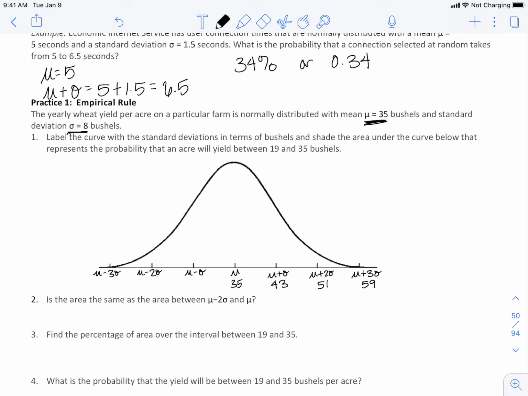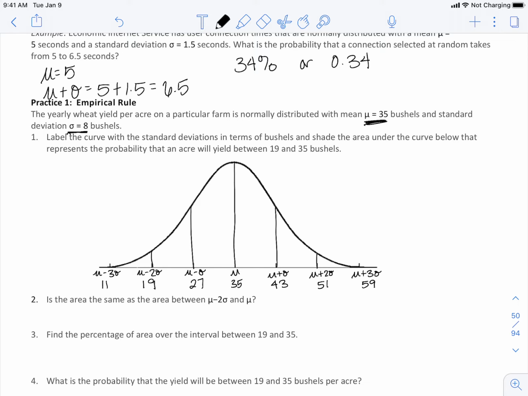So subtracting 8 from the mean each time, this is 27, 19, and 11. Okay, so now I'm going to drop vertical lines here to fill in the rest of our curve.